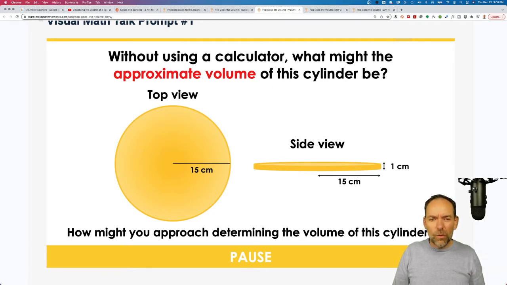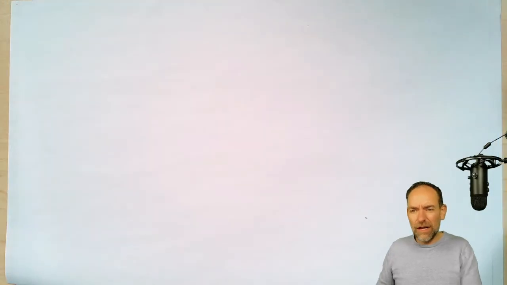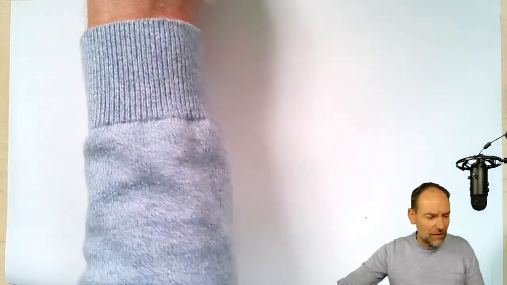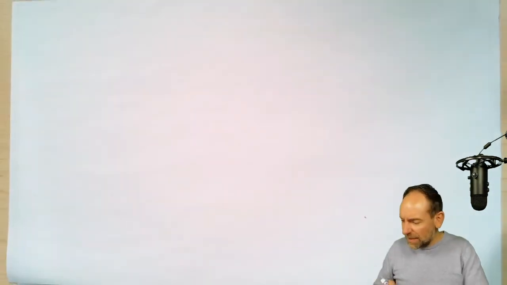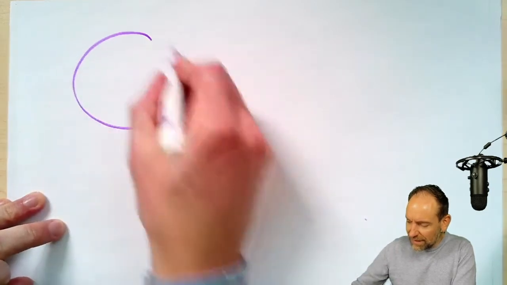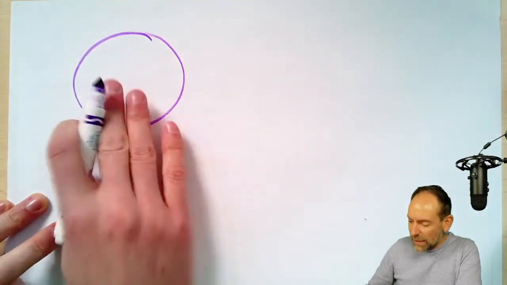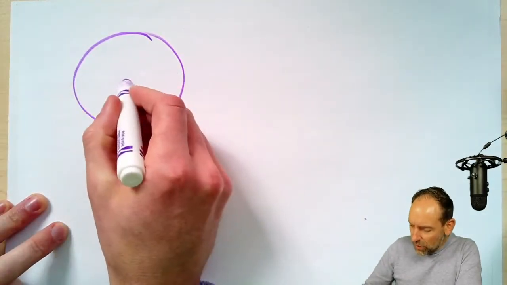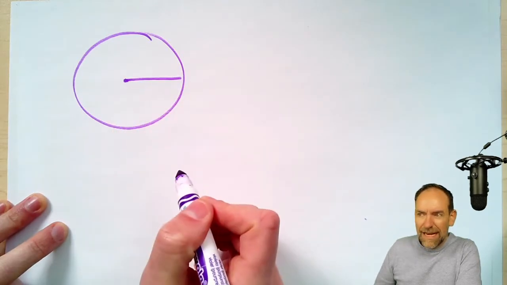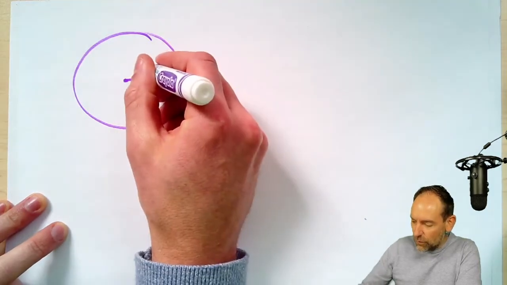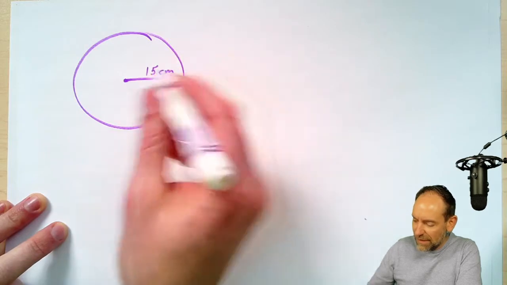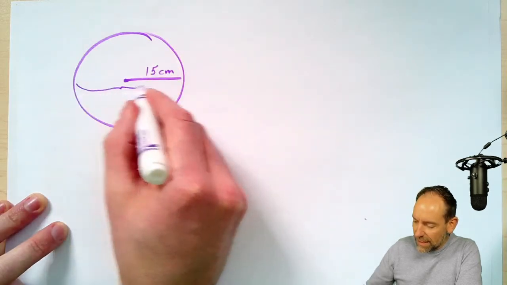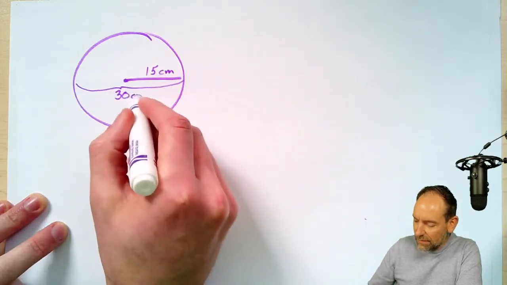And when we were working with area of a circle with our students, what we like to do is get them to think about this circle. And you'll see this in the Going in Circles unit, where we take a circle, we know either the radius or the diameter. In this case, we have a radius of 15 centimeters. That means our diameter is going to be 30 centimeters.